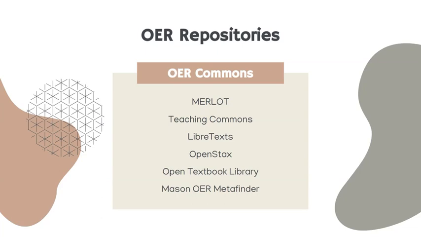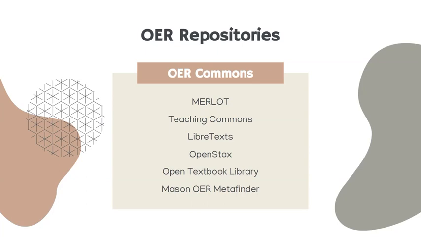LibreTexts focuses on the sciences and provides access to almost 400 open textbooks. OpenStax, which is probably the one that most of you are familiar with, mirrors traditional publishing models with editorial processes and reviews by active faculty in the field.